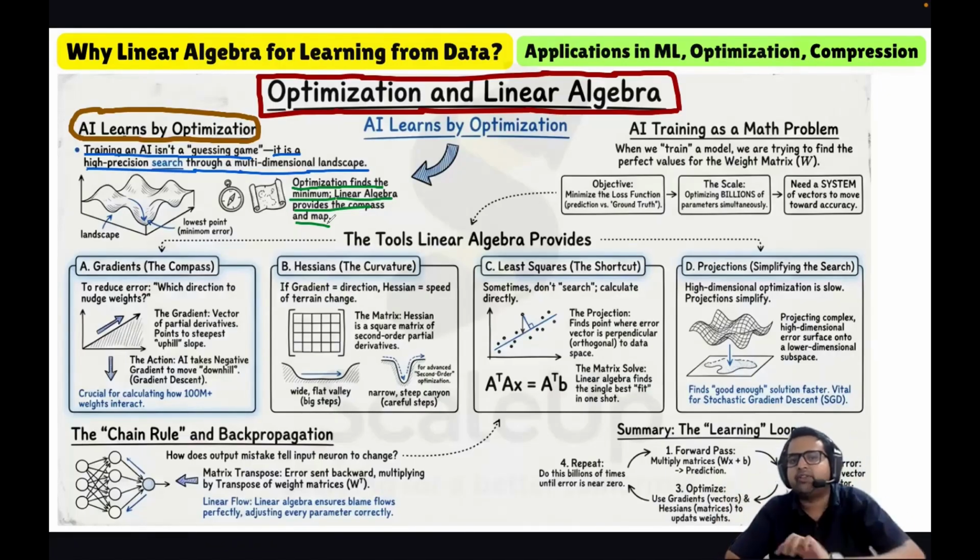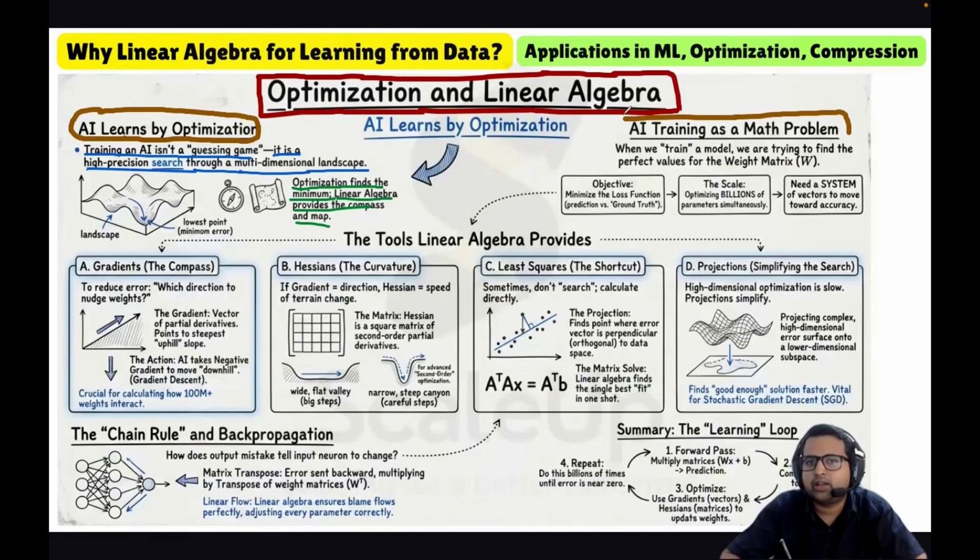So that is the significance of linear algebra. Linear algebra provides us the tools through which we can perform optimization. Now let us look at AI training as a math problem.